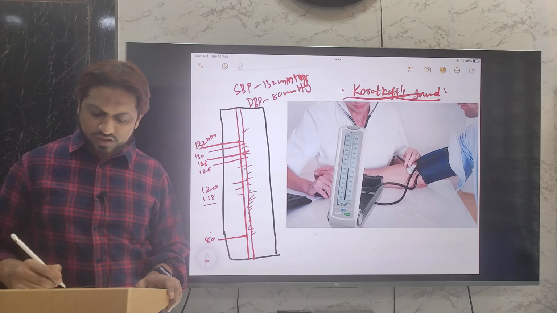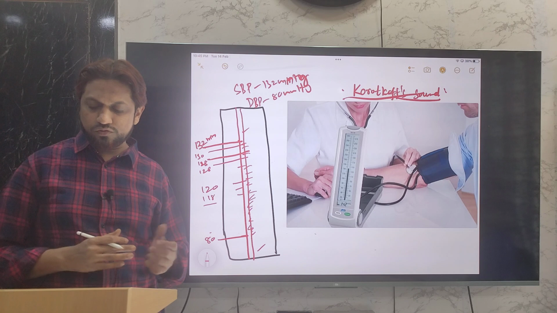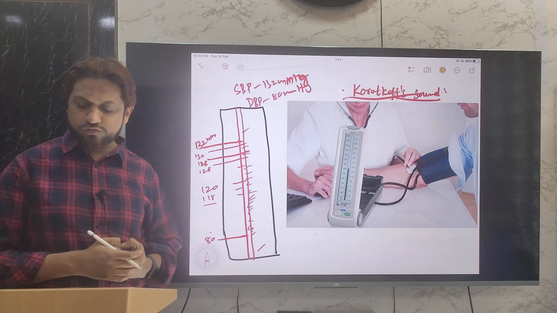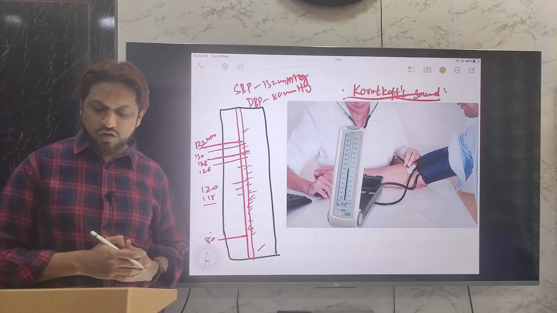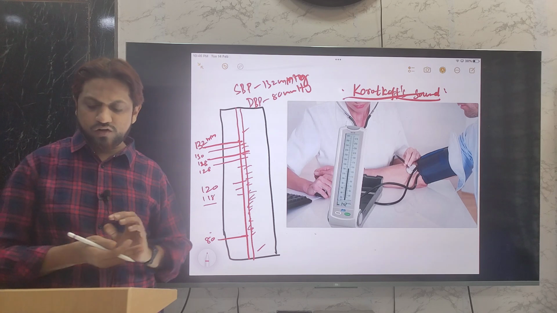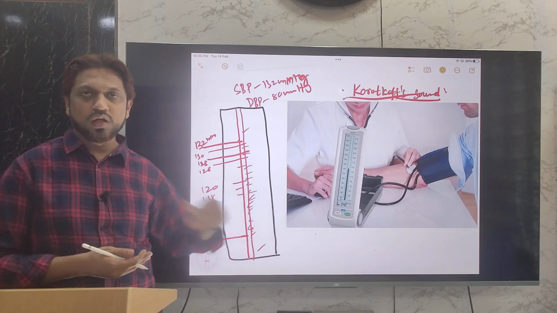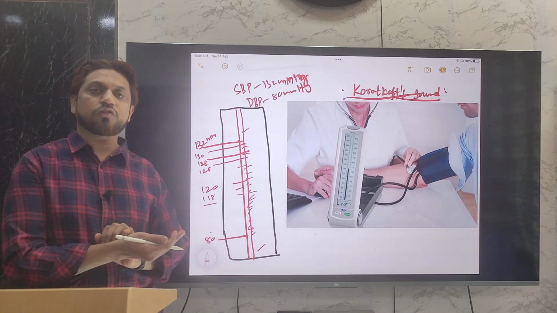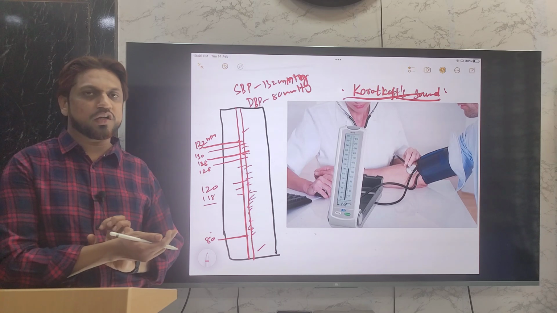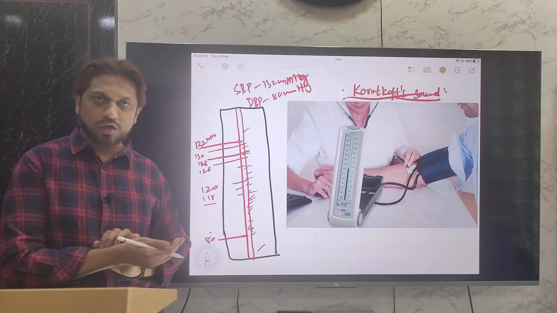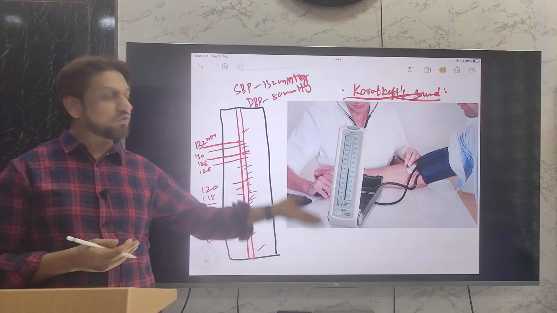Above this and below this, no sounds are audible. When we inflate the cuff during the auscultatory method, we should always do the palpatory method first to get a rough idea of the systolic blood pressure, and inflate the cuff above the systolic blood pressure.